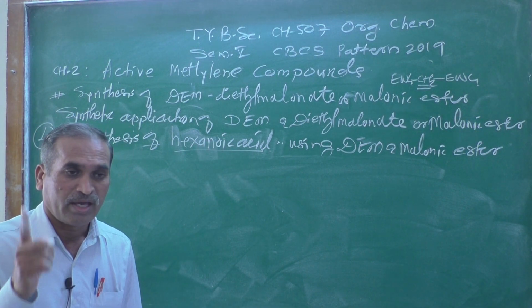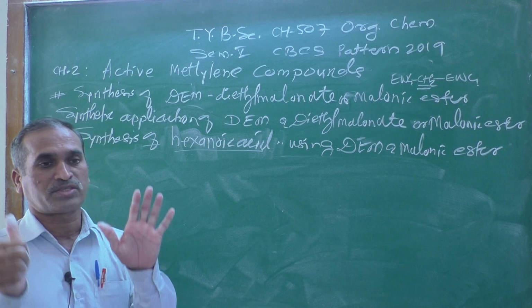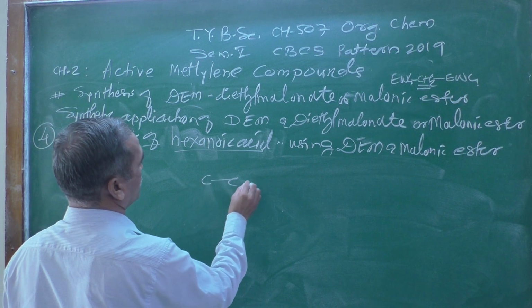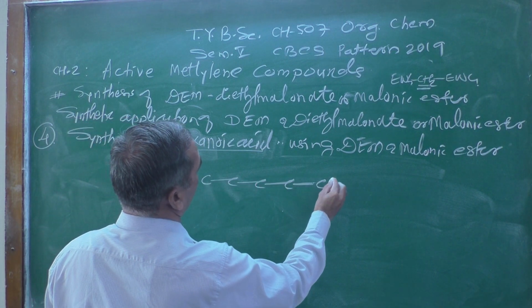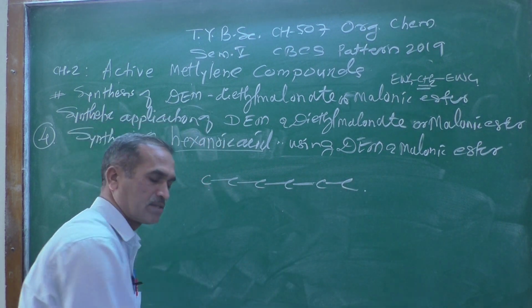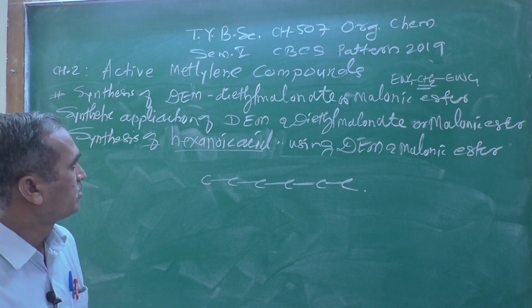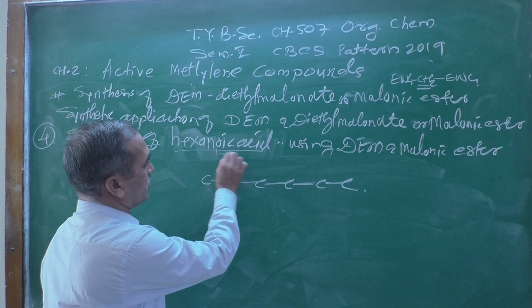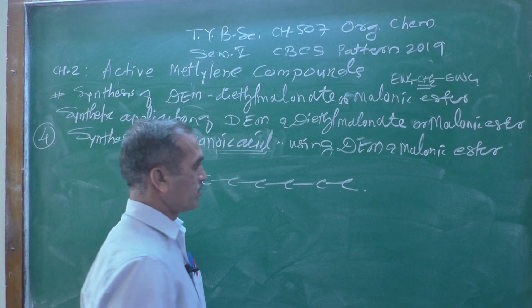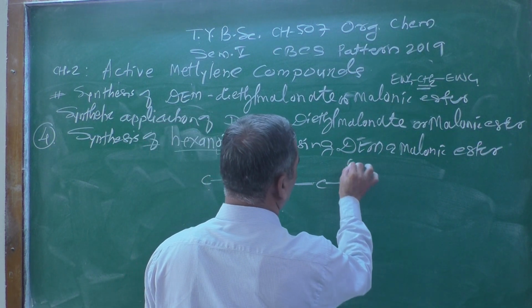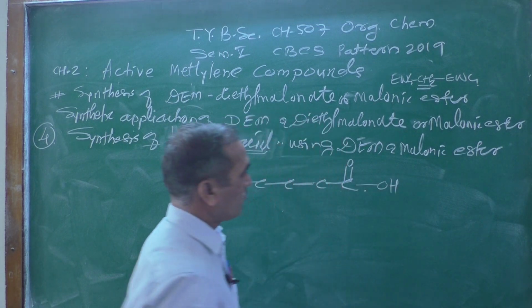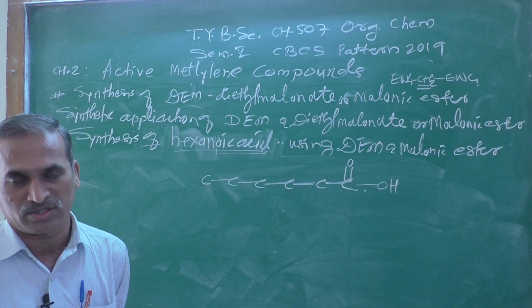Now tell me, hex indicates that there are 6 carbon atoms. You can draw in a straight chain, 1, 2, 3, 4, 5 and 6. And now the -oic acid suffix indicates that a carboxylic group is present, and that carboxylic group is always present at the end of the carbon chain, which I have shown here, C(=O)OH.